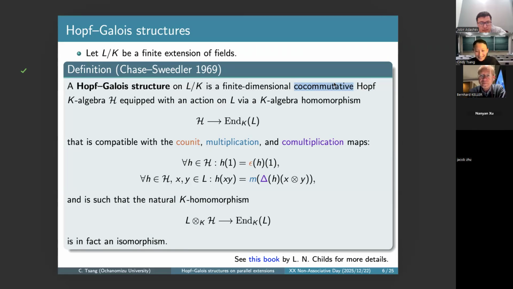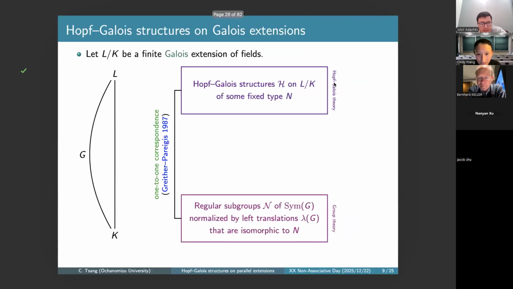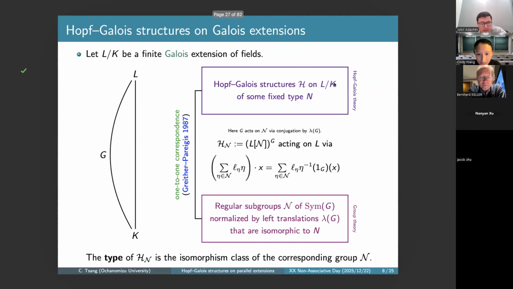My second question is, there is a one-to-one correspondence between the Hopf Galois structures and regular subgroups. It looks very clear to construct Hopf Galois structures by use of the regular subgroups. So what about the other side? Is it easy to determine the regular subgroups from given Hopf Galois structures? I think so.